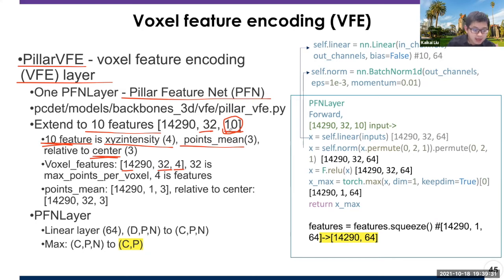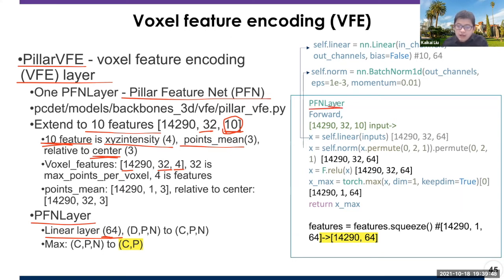Okay, then these extended 10 features go to the PFN layer. The PFN layer is like a linear layer with 64 elements. So we can take a look at the whole process.